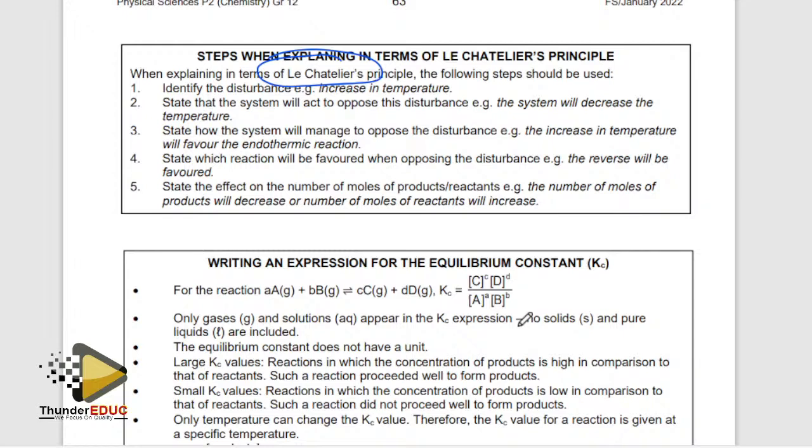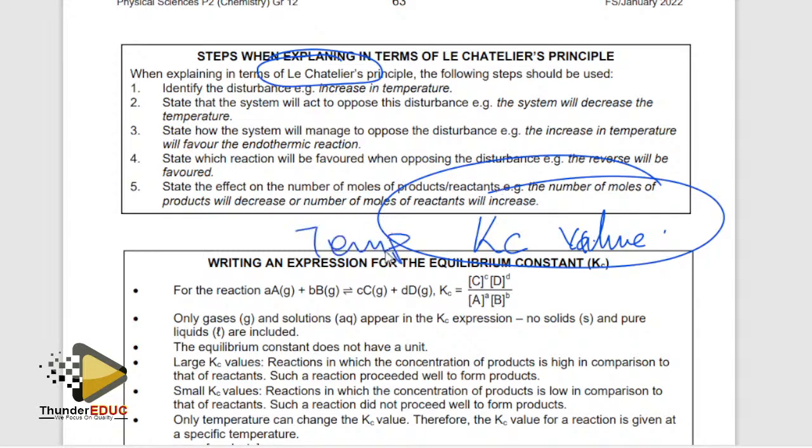If they ask you the factor which affects the Kc value, here is only temperature. The factors which affect the chemical equilibrium are temperature, pressure, and concentration. Yes, catalyst affects the forward and the reverse, so that one is not a big deal. But the big deal for chemical equilibrium are these three factors.